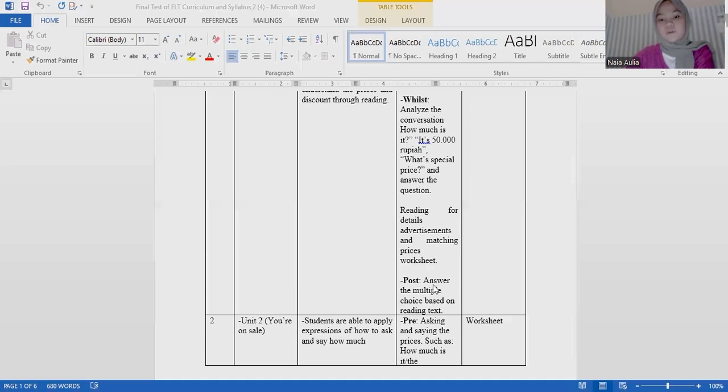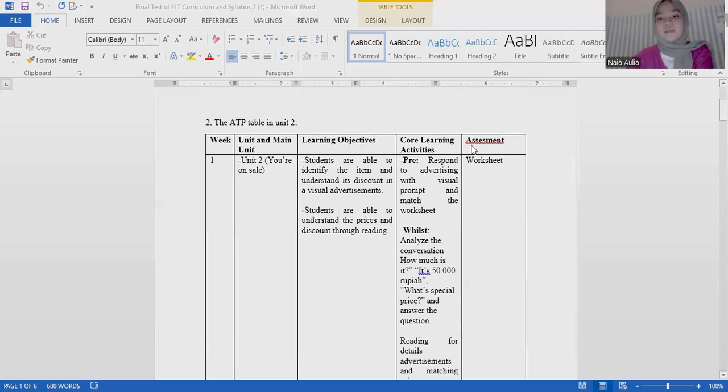The last is the post-activity, where the students must answer multiple choice questions based on the reading text. So after reading, they understand and are able to do exercises like multiple choice based on the reading text. And this assessment is a worksheet, a full worksheet.